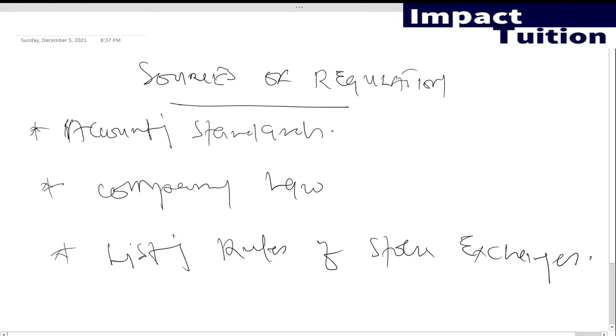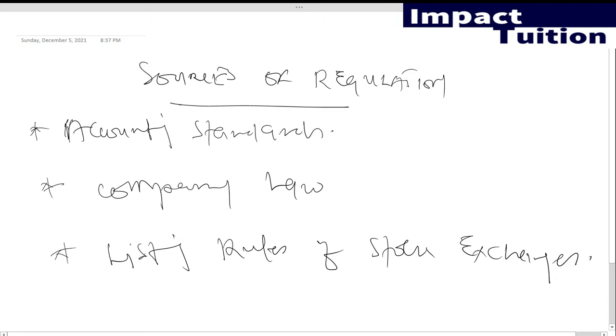So in our case in Ghana, we adopt the IASB standards, or we adopt the International Financial Reporting Standards, which is a source of regulation because if entities are preparing their financial reports to meet the requirement of the IFRSs, then the IFRSs serve as a source of regulation. Company law. Our company law stipulates reporting requirements.